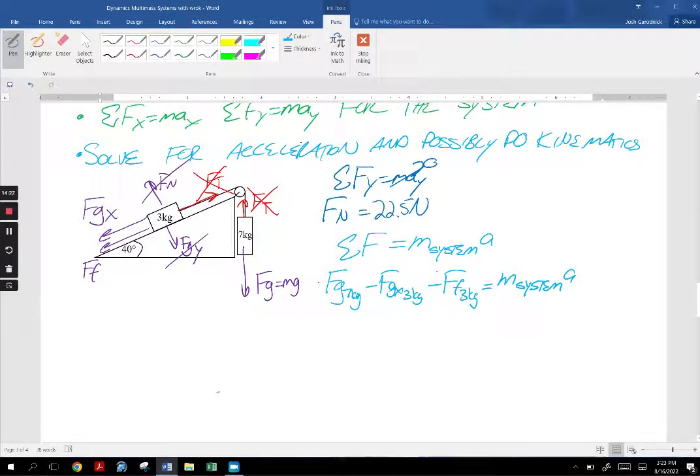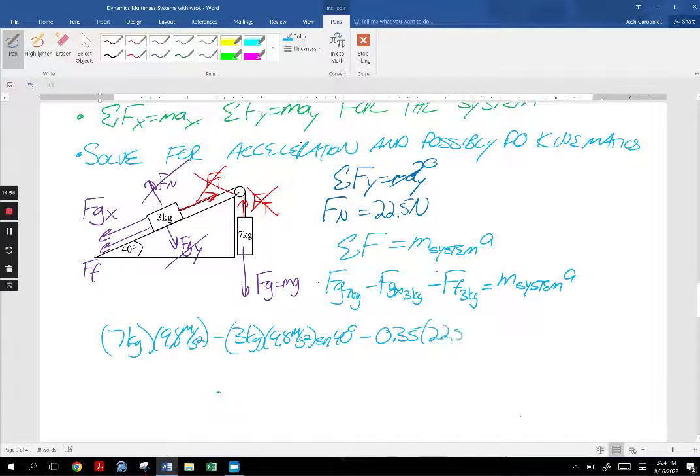For the 7 kilogram mass, we have 7 kilograms times 9.8 meters per second squared, minus FGX on the 3 kilogram mass, that's 3 kilograms times 9.8 meters per second squared times sine 40, minus the force of friction, which was, I believe, 0.35 times the normal force, which was 22.5 newtons, equals the mass of the system times acceleration.